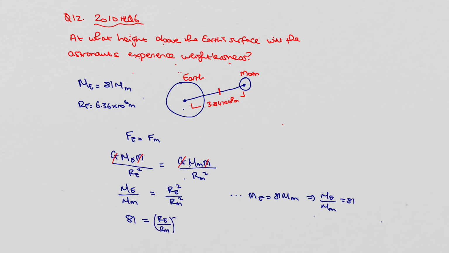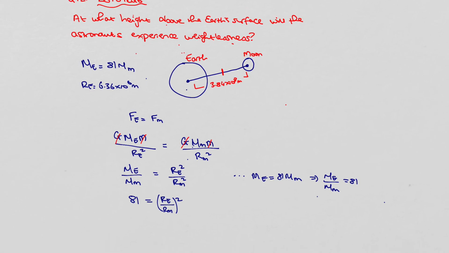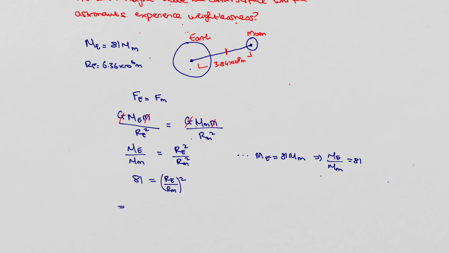In other words, I can write it as one over the other squared. Then if I get the square root of both sides, that gives me the ratio of the distances as the square root of 81, which is 9. So what that means is that the ratio is going to be 9 is to 1.